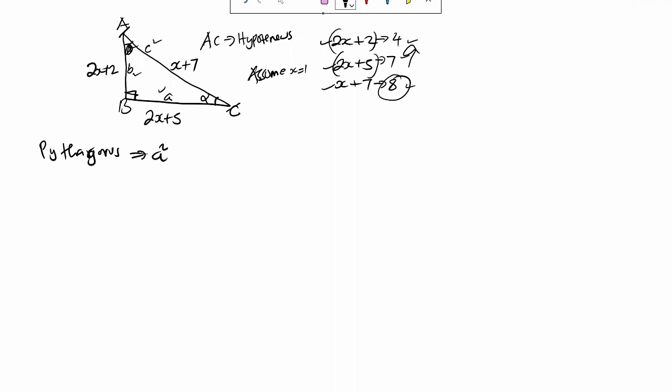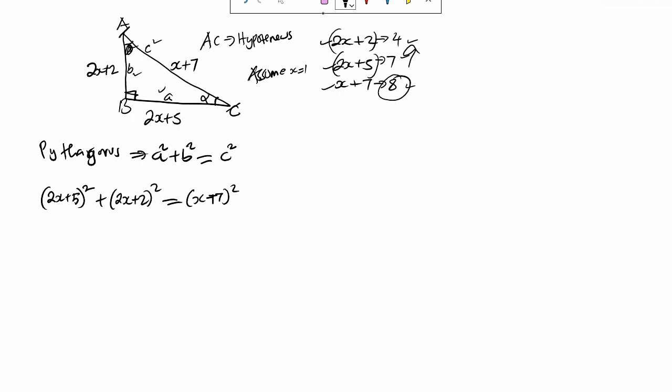So it means that a squared plus b squared equals the value of c squared. Now since my a is 2x plus 5, and that one is squared, add to my b is 2x plus 2 squared, should give me x plus 7 squared. Now we can expand these equations.